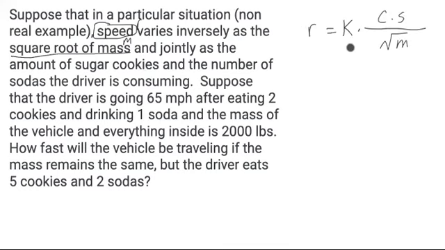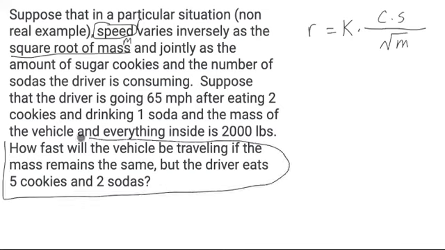All right. So in this particular situation, this is the relationship between all the variables. Now, in the end, notice there's a question: how fast will the vehicle be traveling if you have some information? And this information gives us number of cookies, number of sodas, and even the mass, which is again 2,000 pounds right here.